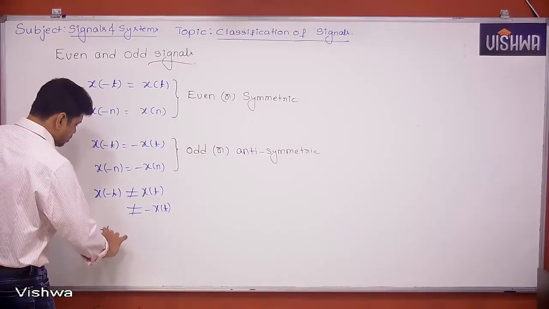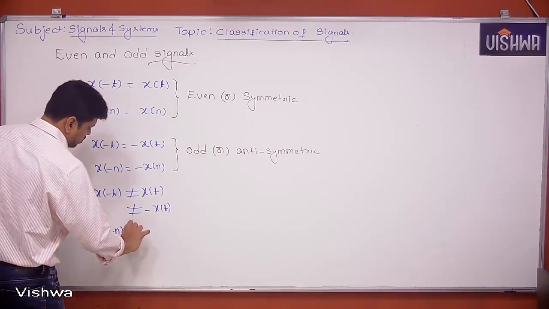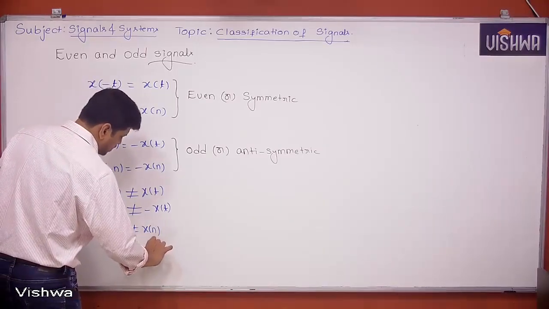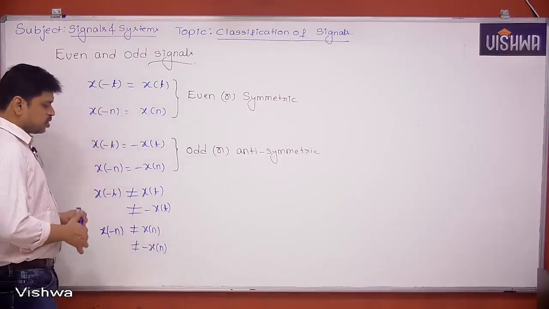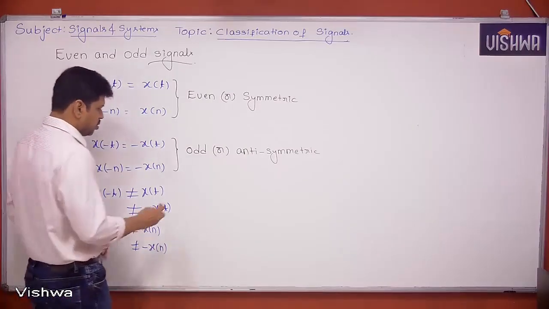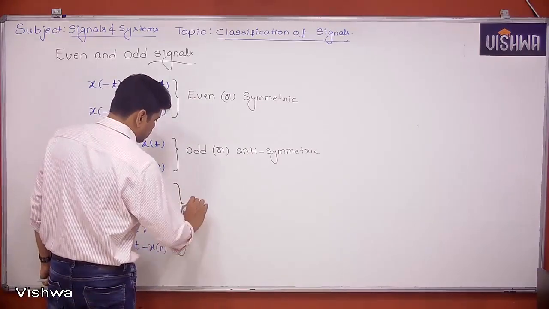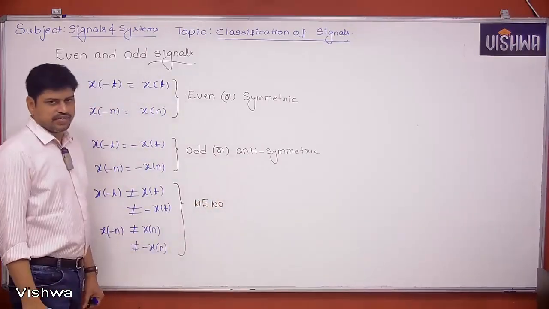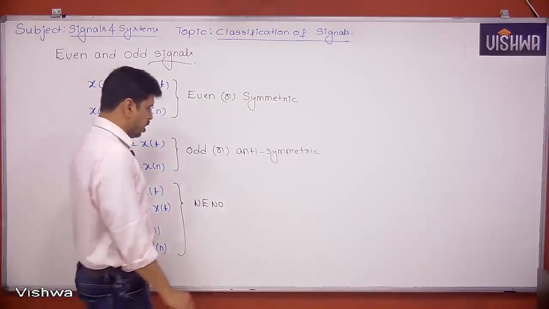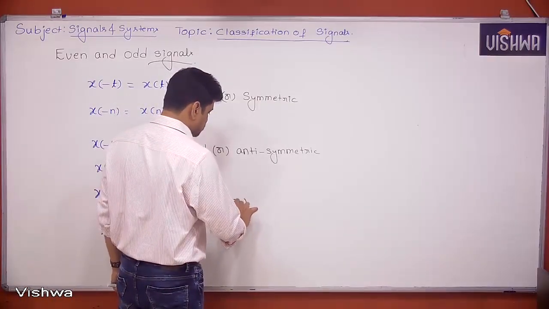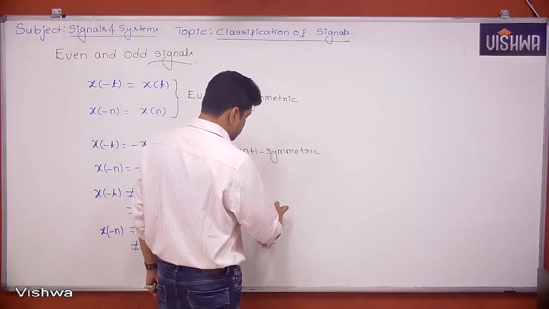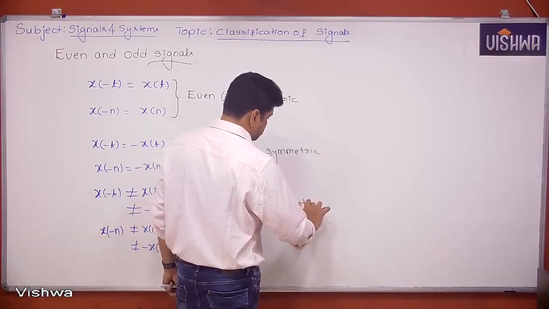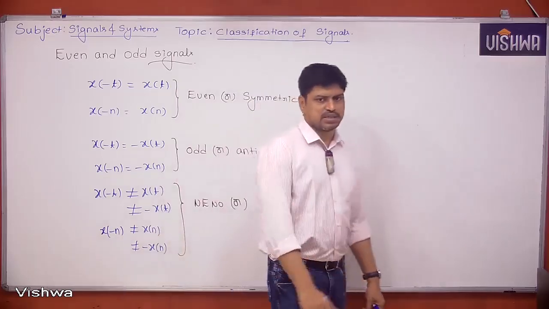In a similar manner, x of minus n is not equal to x of n, and not equal to minus x of n. So if both are not possible, then we can call the signal neither even nor odd signal, or simply unsymmetric signal.